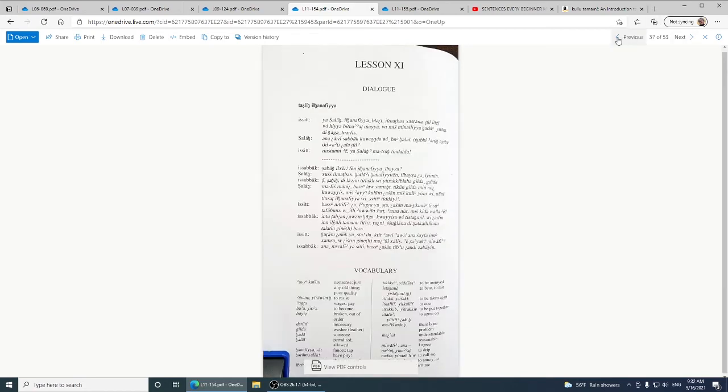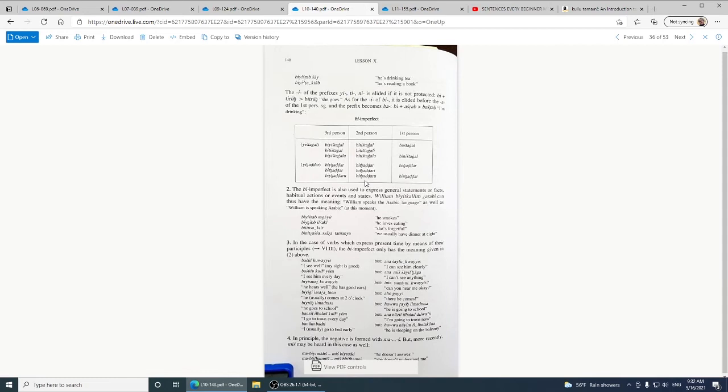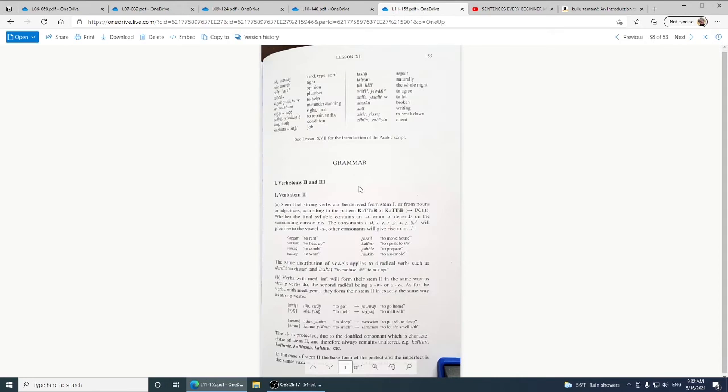Forming is provided here. So this was lesson 10, and then one more section I want to mention to you, and this is lesson 11, which explains the verb stems 2 and 3 and others in detail.